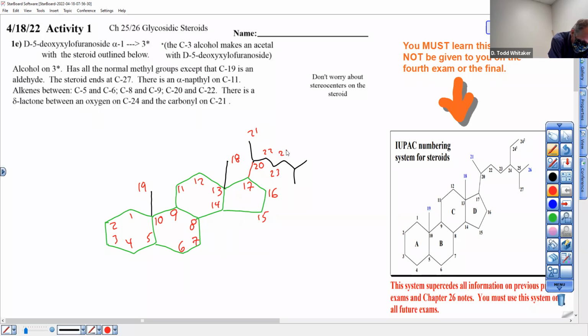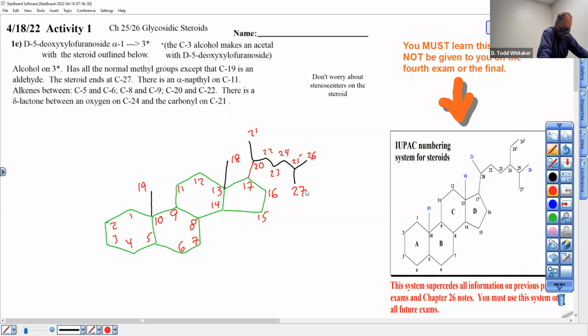I hope that name rings a bell. You see branches off a second carbon many times, and that's a standard methyl there. Okay. So far, we got just a standard steroid with all the carbons up to 27.